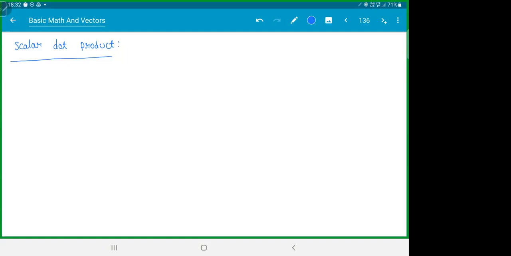So the scalar dot product is also something similar. What people observed is that there are certain scalar quantities which depend on the magnitude of the vectors and cosine of the angle between them.